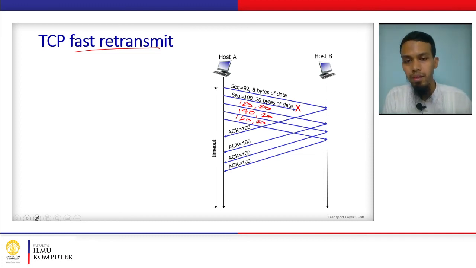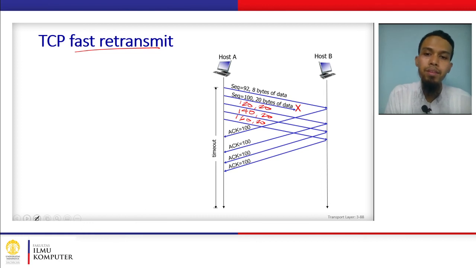Now the first segment arrives and it gives ACK 100, but then the next segment is lost. So the last three segments will have the acknowledgement number 100.